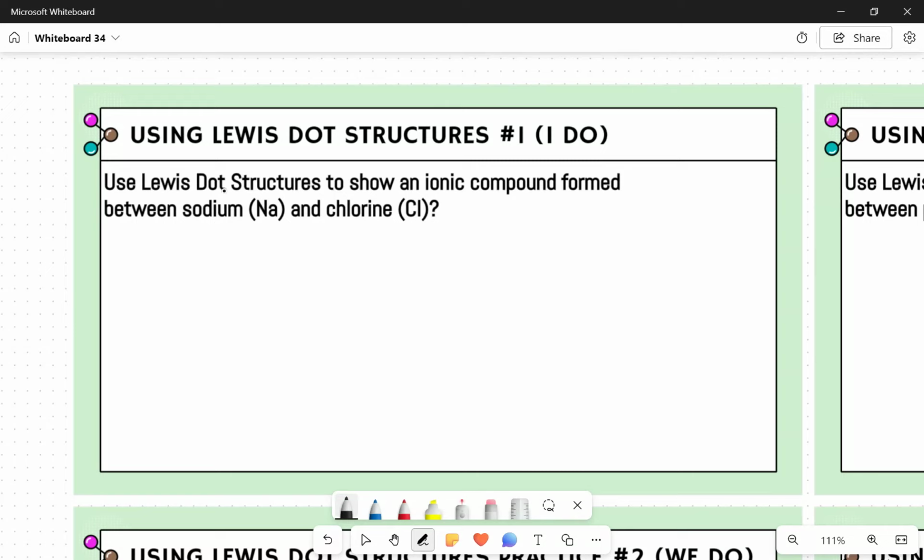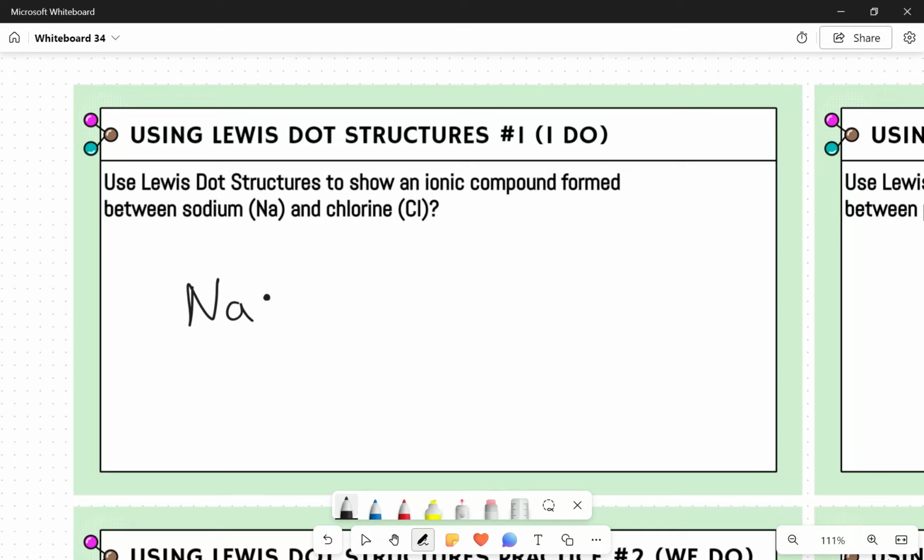So this first question right here says, use Lewis dot structures to show an ionic compound formed between sodium and chlorine. So the first thing I'm going to do is draw the Lewis dot structure for sodium and for chlorine. For sodium, it's just Na. Sodium has one valence electron, so it just has one dot.